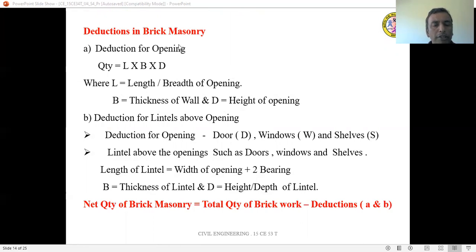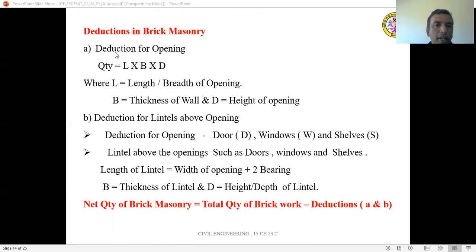That means in your first calculation of the brickwork, all the walls are considered as solid walls without any opening. But in actual practice, there are some openings provided in the wall, like doors, windows, ventilators and shelves. These openings are deducted from the total quantity of brickwork.